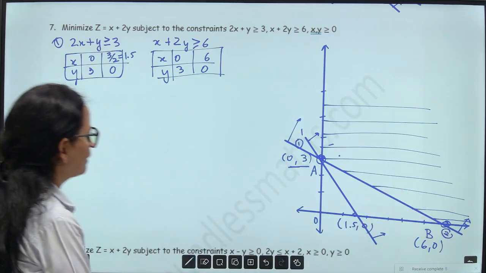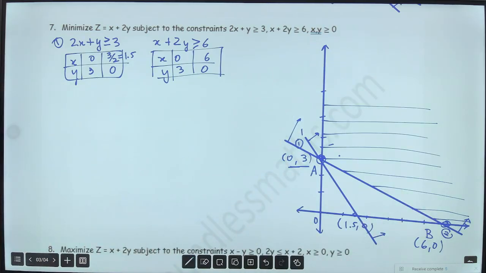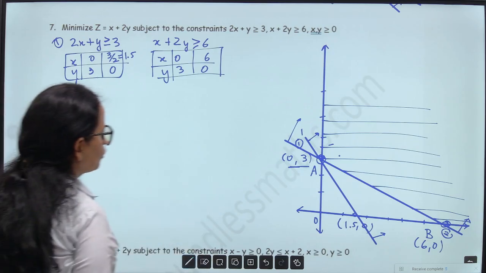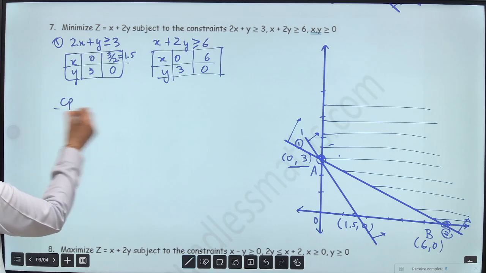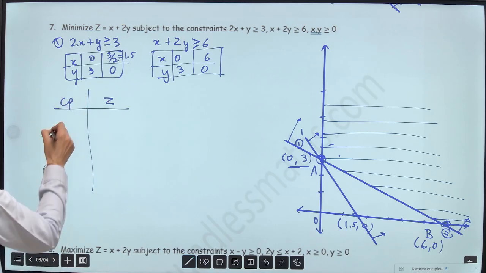We don't need to solve them algebraically. We have the corner points. We have the common feasible region also now. Now what do we do in such cases? Because we have the common feasible region and we have the corner points also, we find the value of the objective function at both these corner points.